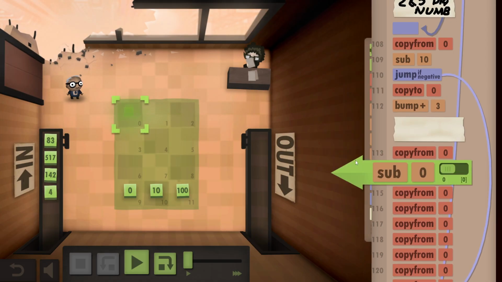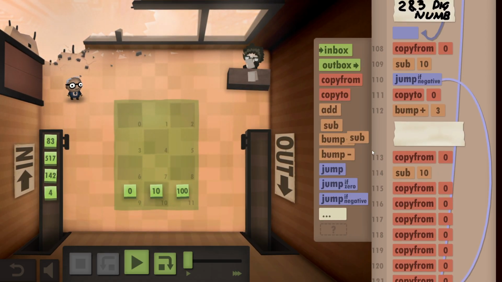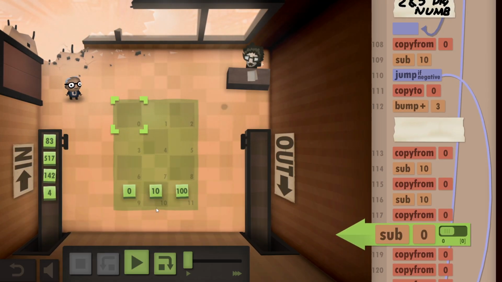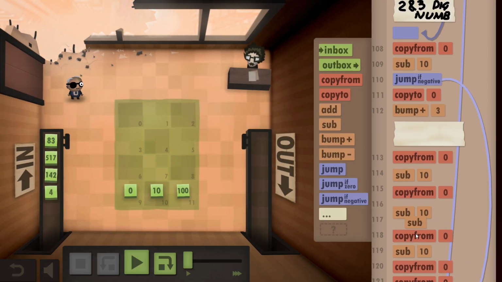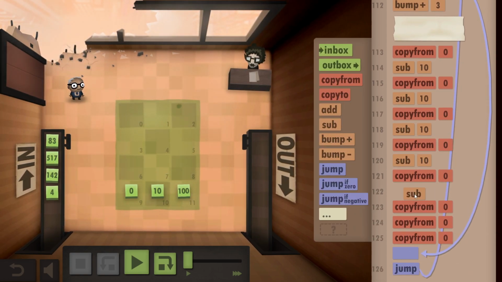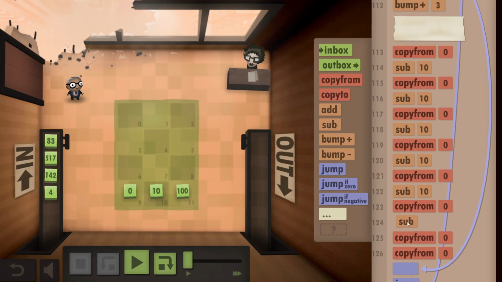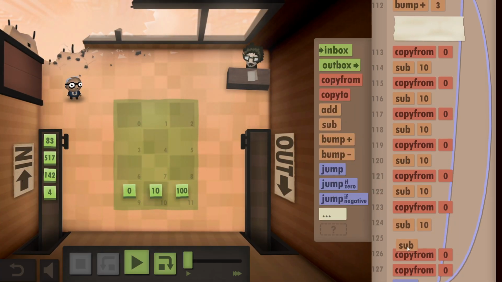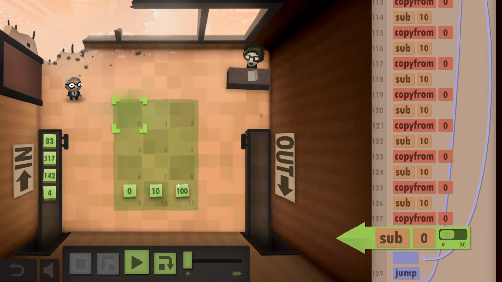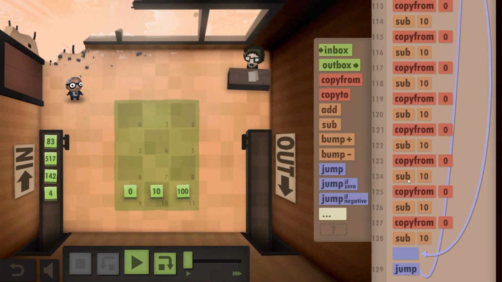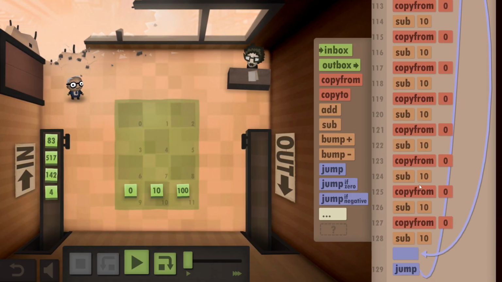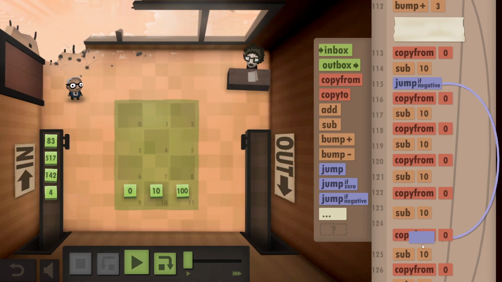Have sub 10, reach. I wish there was copy paste on the sections. And then negative after each sub, if jump, negative.